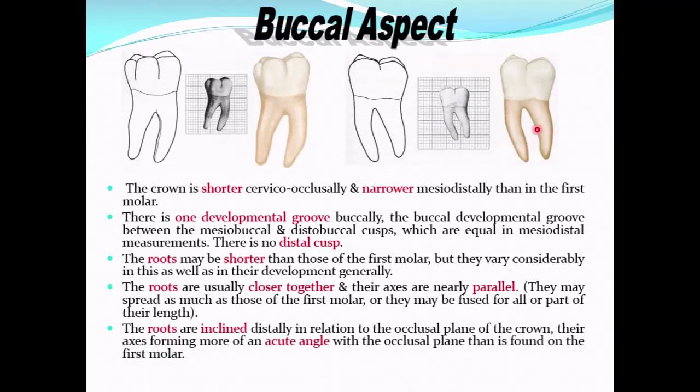The roots are inclined distally in relation to the occlusal plane of the crown. Their axes in the roots together with the long axis of the tooth form an angle. This angle is more acute than that found in the mandibular first molar.